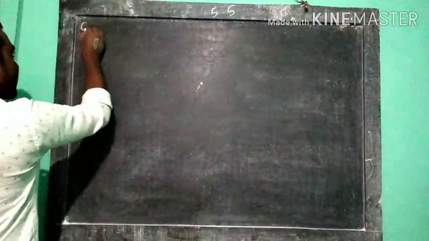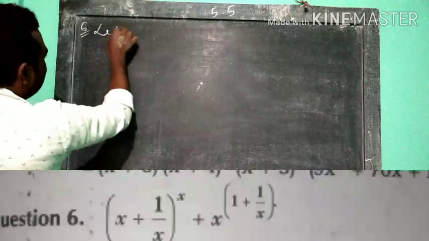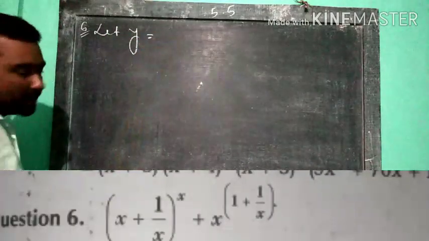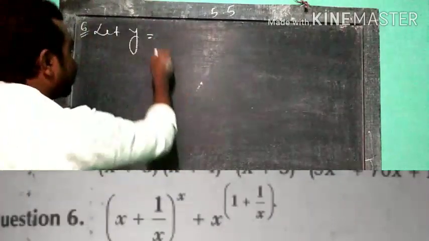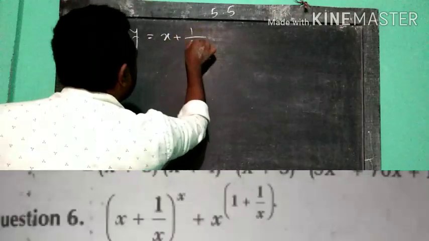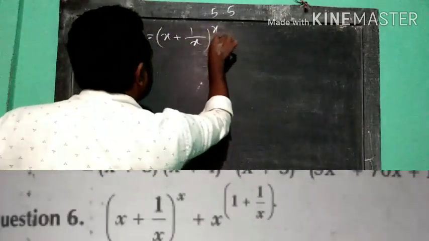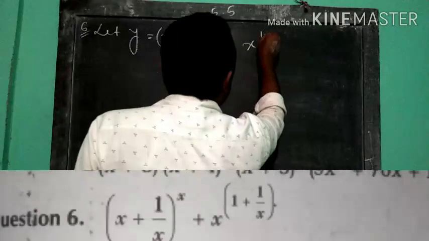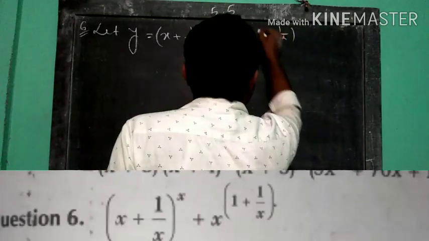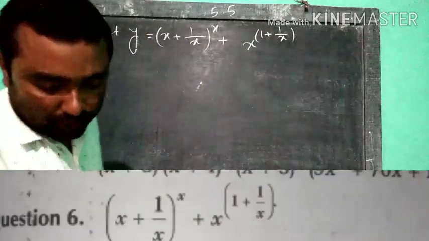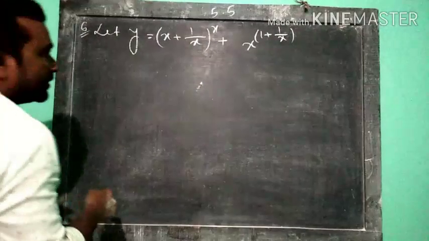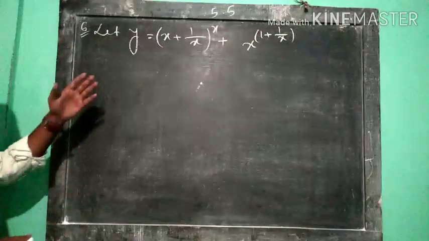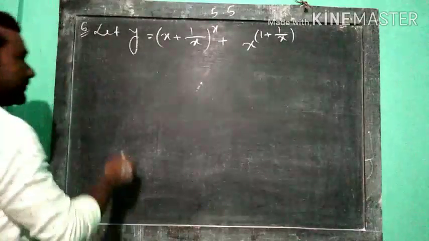First of all, question number 6, let y equal to (x plus 1 by x) whole to the power x plus x to the power (1 plus 1 by x). This is given. How to solve this type of problems?